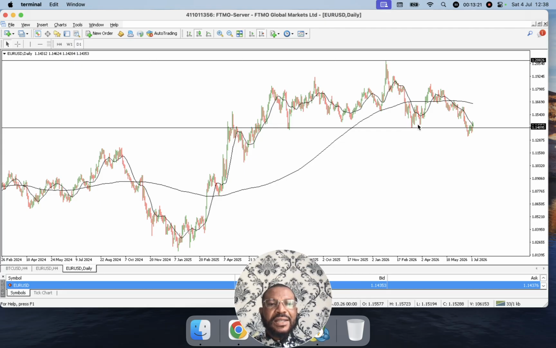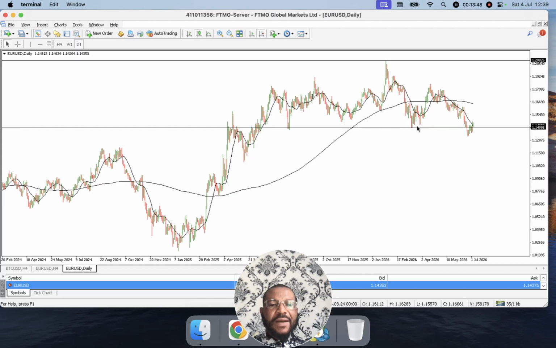But when this market leaves a supply area, I know it's coming back to the demand, so I won't be looking for a buy. The only thing I'll be looking for is to sell. Once the market drops from a supply area, as long as it has not got into a demand area, if I'm to participate in this market, the only thing I'll be looking for is to sell.